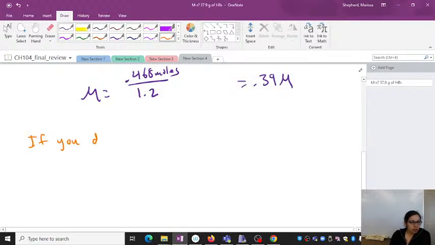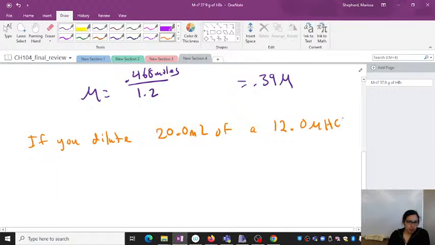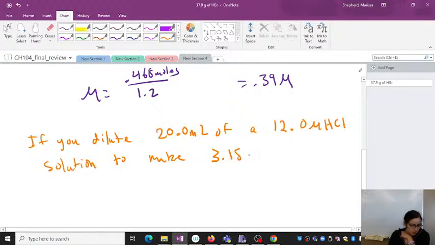So if you dilute 20 milliliters of a 12.0 molar HCl solution to make 3.15 molar HCl solution, what is the final volume?